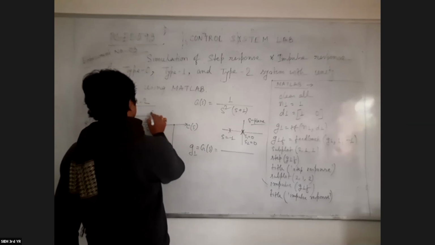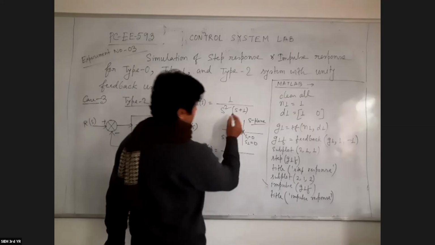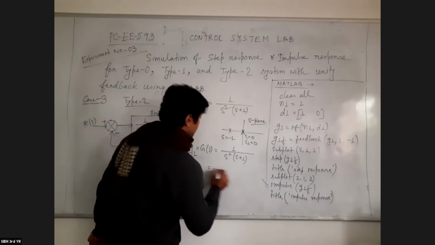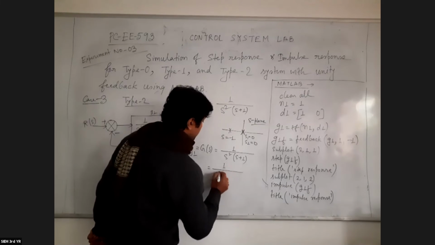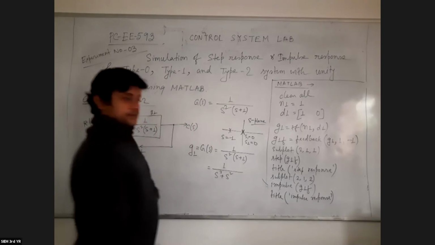So you have taken this one as G1, 1 by s squared into (s plus 1). This will be equal to 1 by s cubed plus s squared.